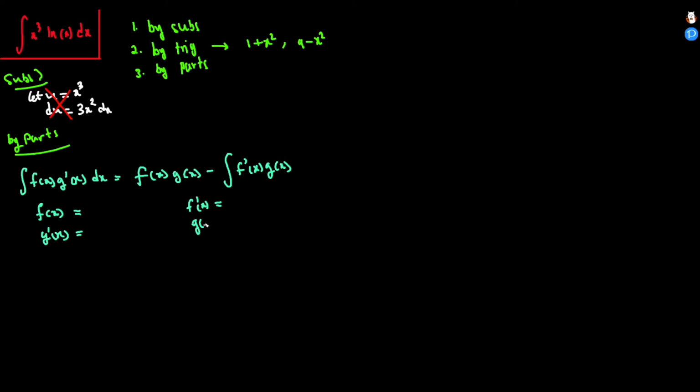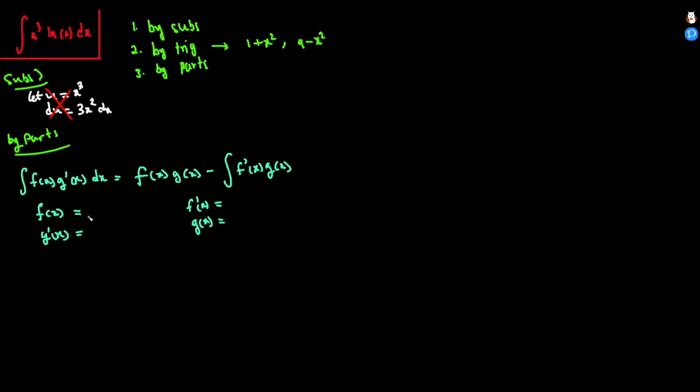So ideally, it shouldn't be something that makes our lives harder by being really difficult to differentiate, or by giving us a really complicated answer when we integrate it, because then we'd have to integrate that too, which is even more complicated.